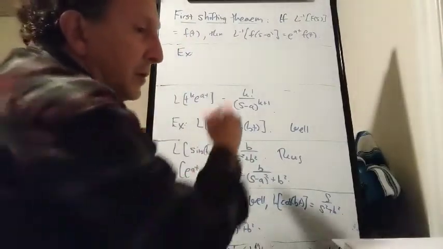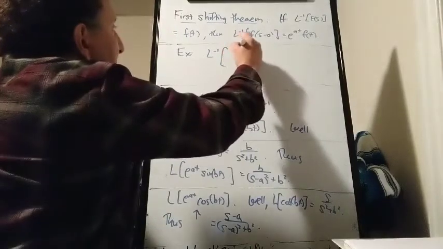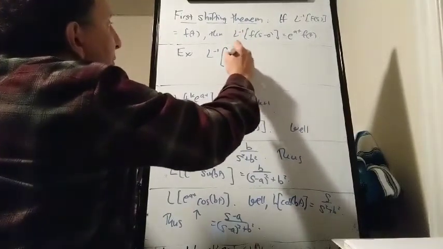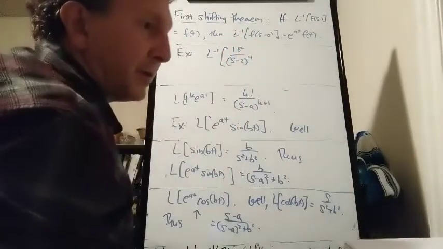So for example, what if we wanted to take the inverse Laplace transform of 18 over s minus 2 to the fourth?